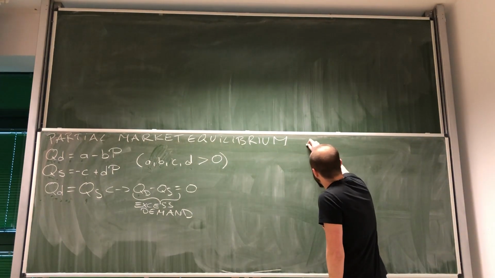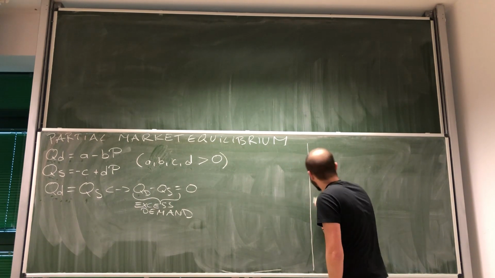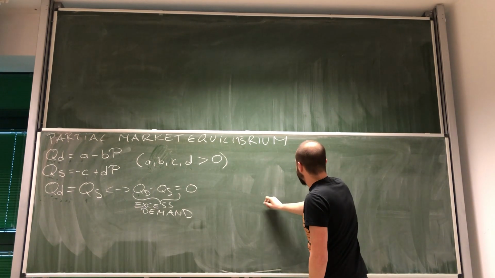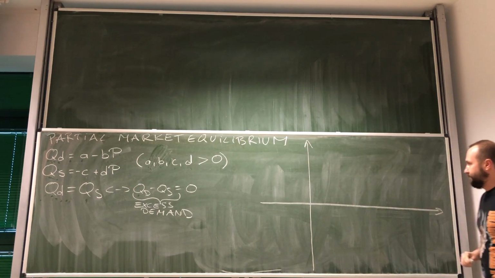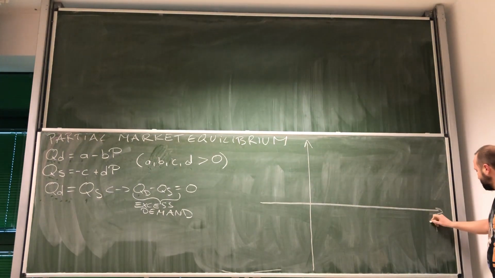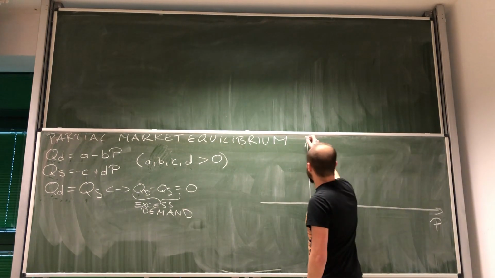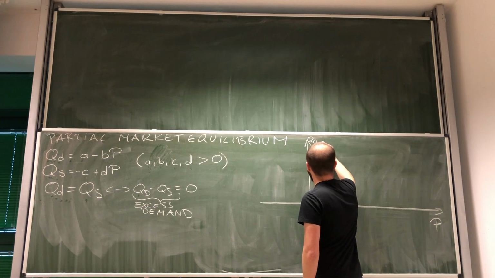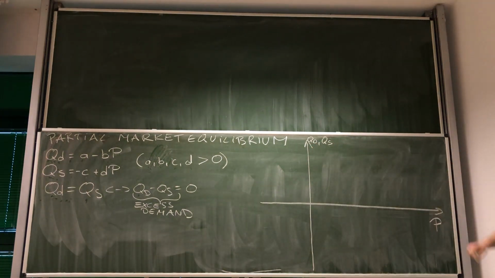Look, when I start drawing this, you'll see something very weird. I'm going to put price over here and quantity demanded and quantity supplied over here.